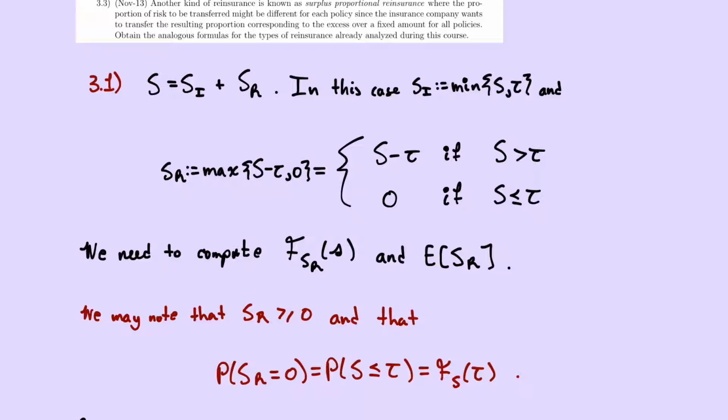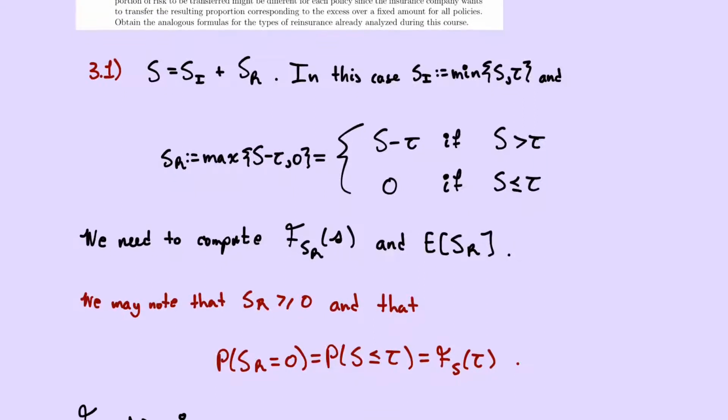But that is also considered in the other case, because if the maximum is equal to 0, this random variable is going to take the value of 0, and that happens when S is less or equal than tau. Okay, so if the total amount for the reclamations of the insurance company exceeds tau, then the reinsurance company is going to pay the quantity that exceeds.